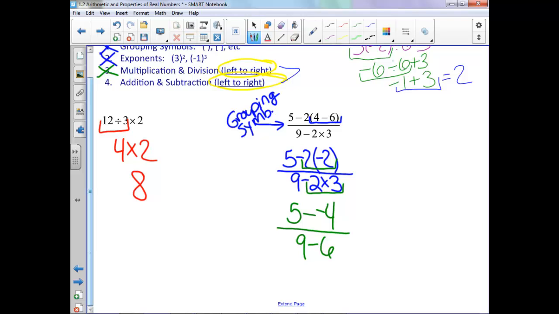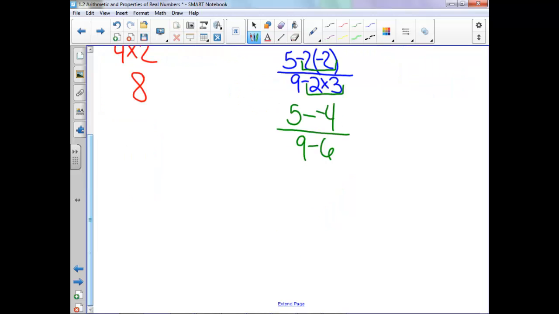Last but not least, we've got addition and subtraction. Notice, however, in our numerator, we have 5 minus a negative 4. We can change that to plus a positive 4. So in our numerator, we'll have 9. In our denominator, we've got 9 minus 6, which is 3. And 9 divided by 3 now is 3.